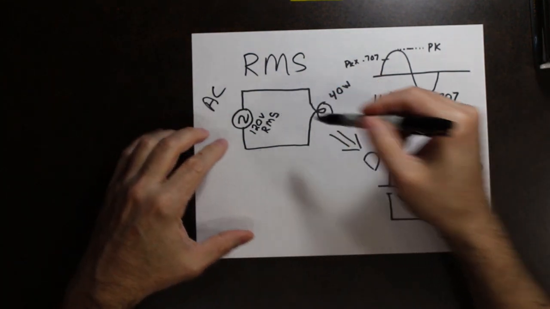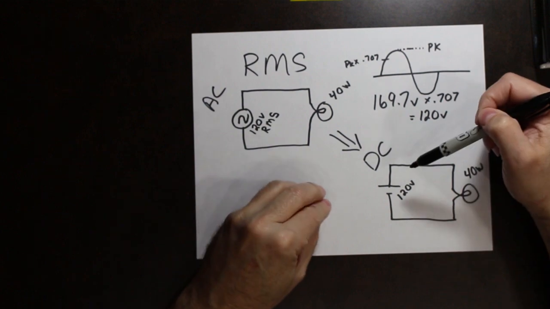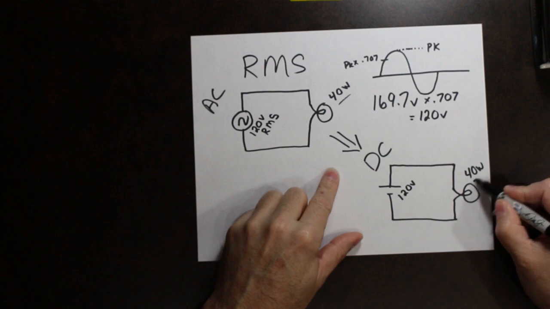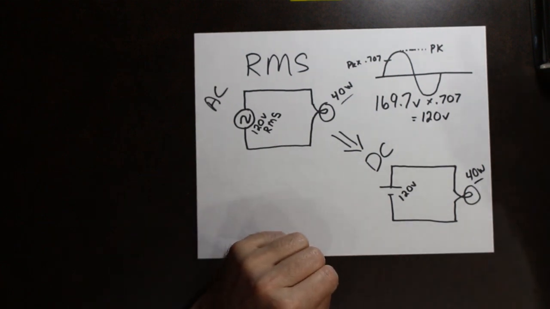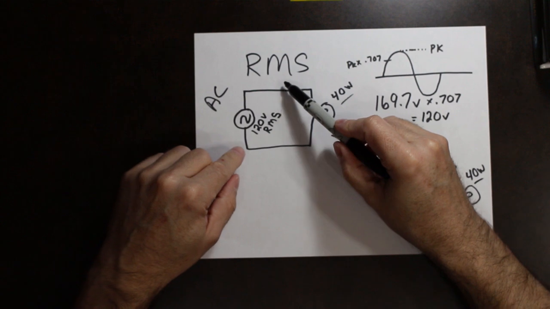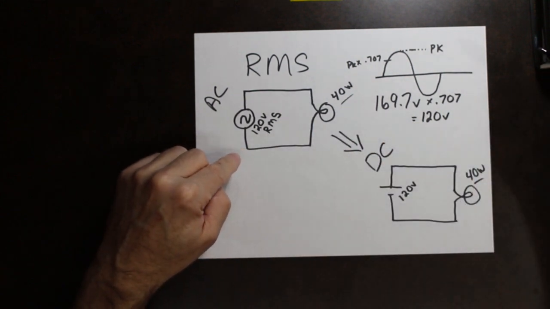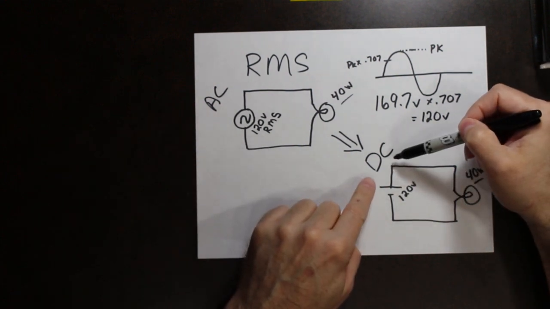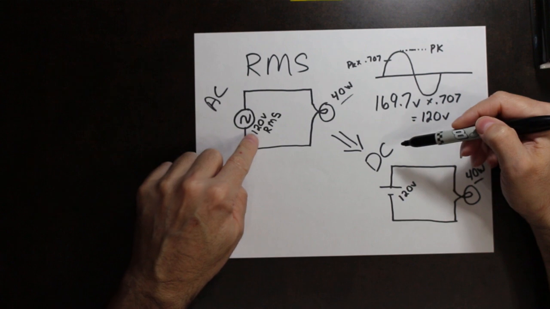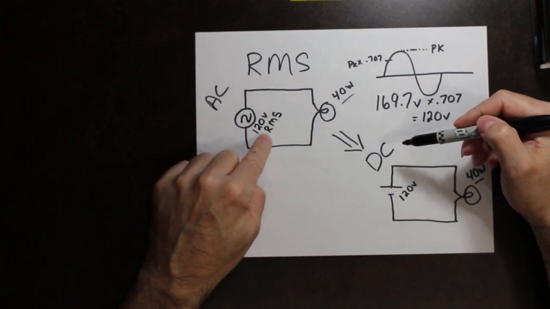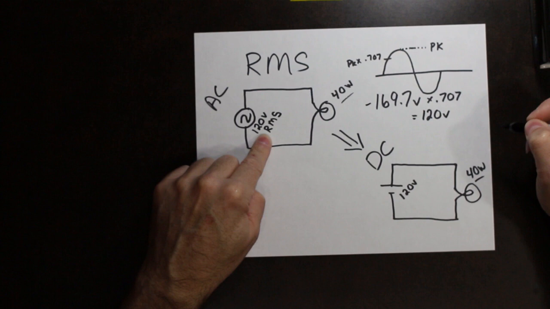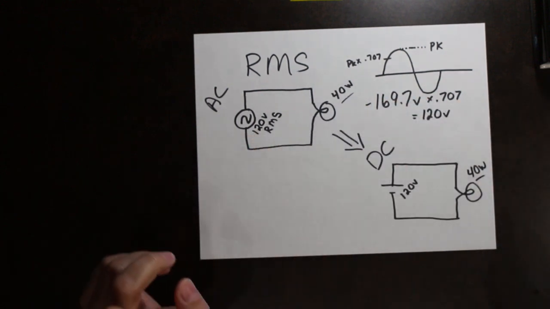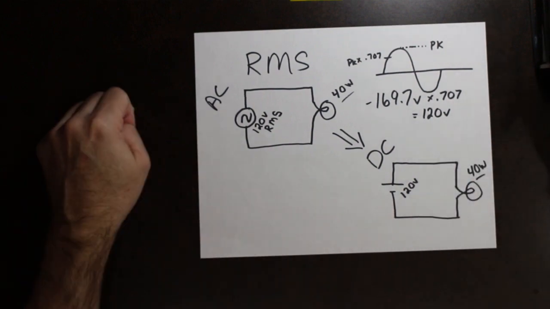So what this says is that to compare AC and DC when it comes to putting out the same power, we must use the RMS value of the AC waveform to be the same as the value of DC. So 120 volts of RMS, which actually is 169.7 of peak, is equal power to 120 volts of DC.